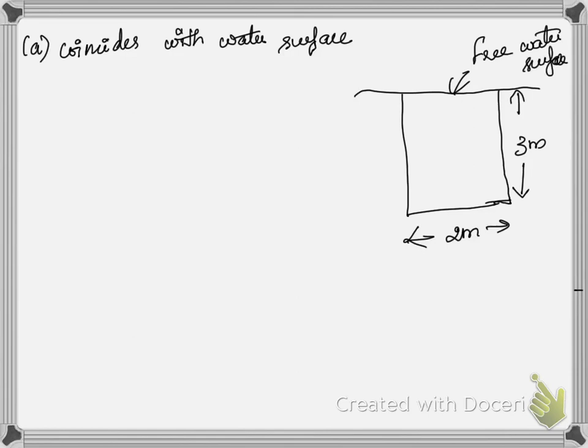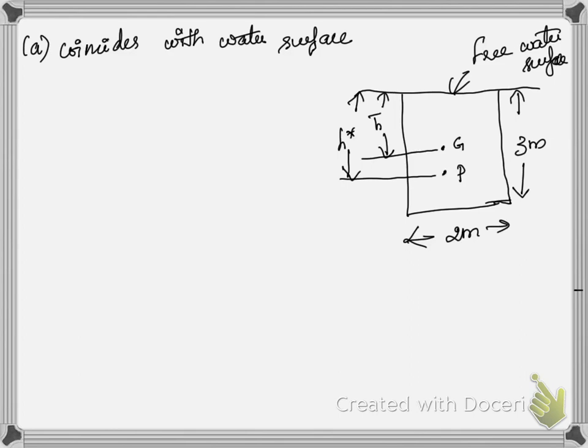You will have your center of gravity G and center of pressure P. Center of gravity distance will be denoted as H bar and center of pressure as H star. If the diagram is not given, we have to draw the diagram. So we have drawn the diagram as per the conditions.